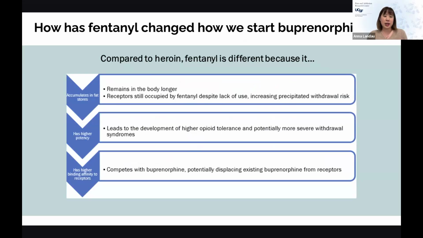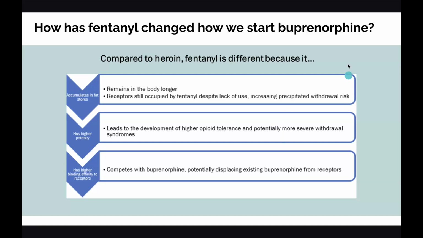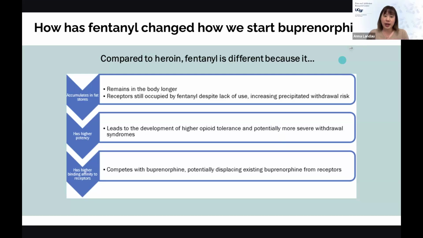Chronic fentanyl use can also lead to development of higher opioid tolerance and more severe withdrawal symptoms. And fentanyl has a much higher binding affinity to receptors, so fentanyl can compete with buprenorphine at the mu opioid receptor, displacing existing buprenorphine.